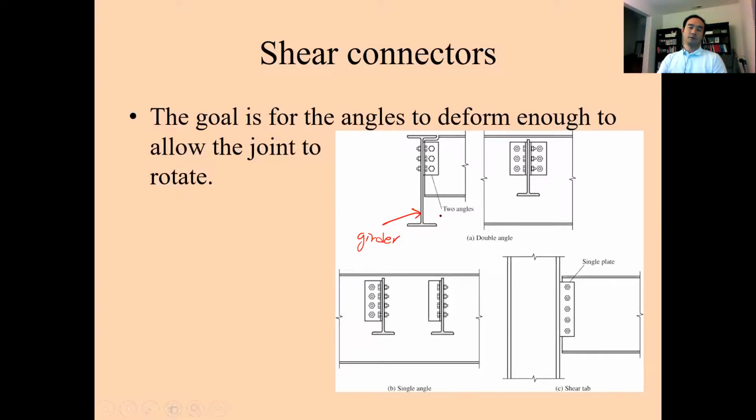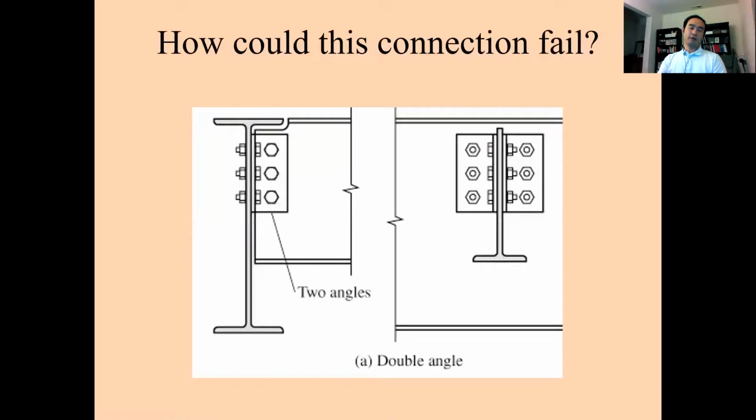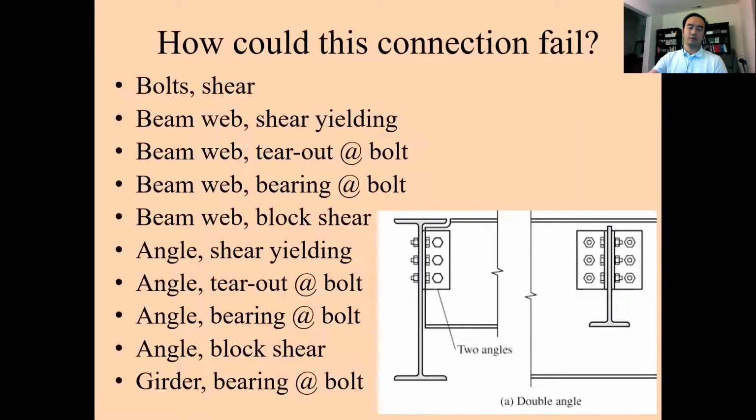Okay, so let's think about the failure mechanism of it. Let's just imagine here we have a girder to interior beam connection through these double angles. First of all, we have to think about the failure mechanism of everything.